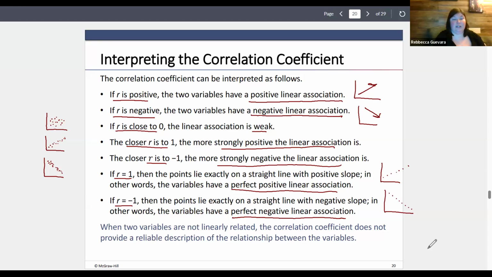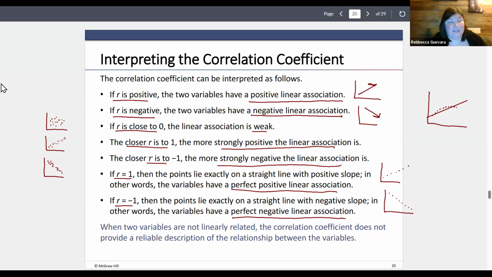When two variables are not linearly related, the correlation coefficient does not provide a reliable description of the relationship between the variables. So what we mean is, if I see data like this, that's a very, very strong logarithmic relationship. But let's say I try to draw some sort of line through it. You can see how it almost is very close to being in a straight line.